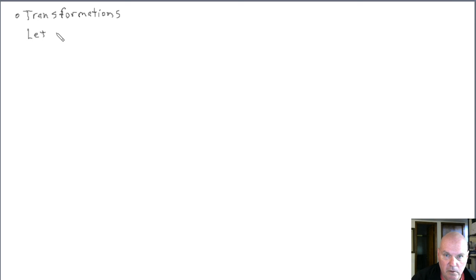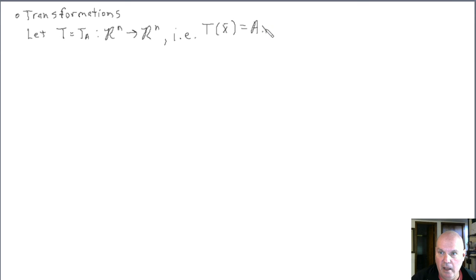So, for example, let the transformation T be represented by a matrix transformation from Rn onto Rn. For example, that corresponding transformation here we're saying can be represented as a matrix operation.